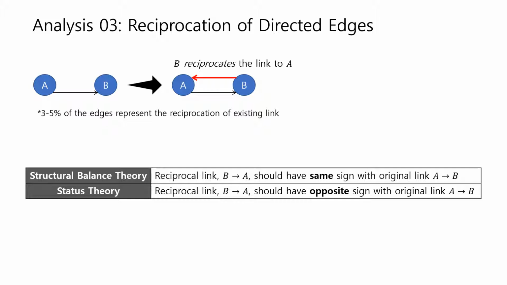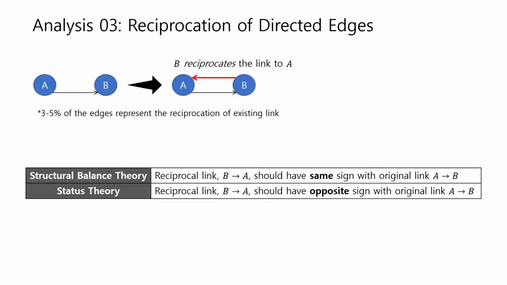They also analyze the reciprocal configuration in which user B creates a link to A after A creates a link to B. They called the newly created link a reciprocal link. With structural balance theory, reciprocal links should have the same sign as the original link.